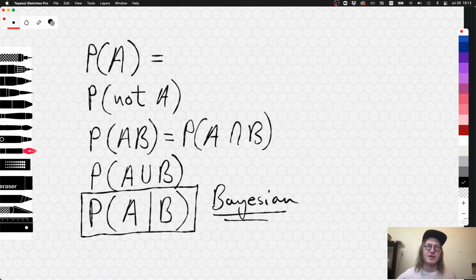For the most part, we'll set this aside, though, this dependency. And we'll just look at these first four. But if you see that vertical bar in a probability statement, that just means given, right? That's how we read that. A given B. So A given B.